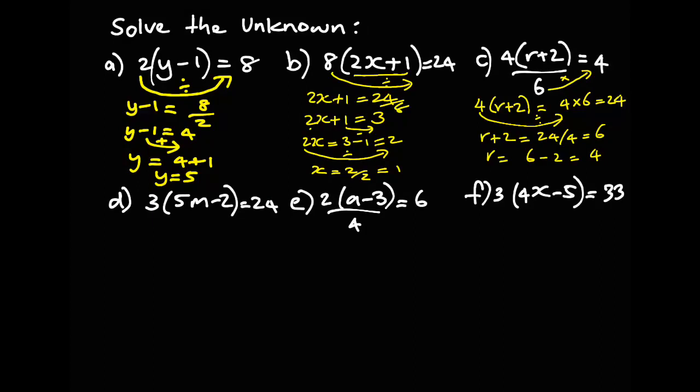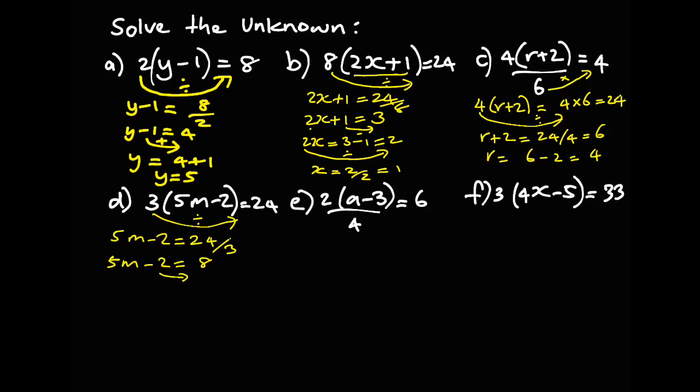Alright, going on to part D. So we can't get m on its own until we bring this 3 across. The 3 is multiplying by what's in the brackets, so it's got to come across as a divide. So we're left with 5m minus 2 is equal to 24 divided by 3. So 5m minus 2 is equal to 8.